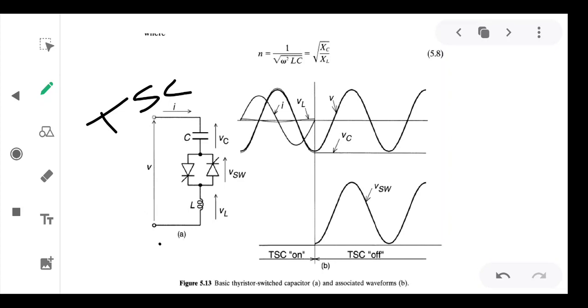When the thyristor is switched on, the voltage waveform is as shown here, and the current waveform is 90 degrees leading with the voltage waveform, and the voltage across VL is approximately 0.